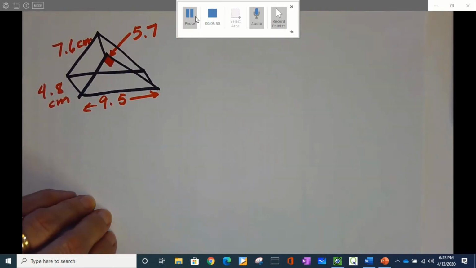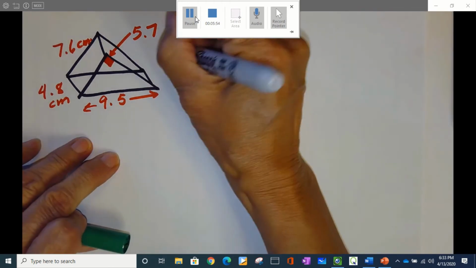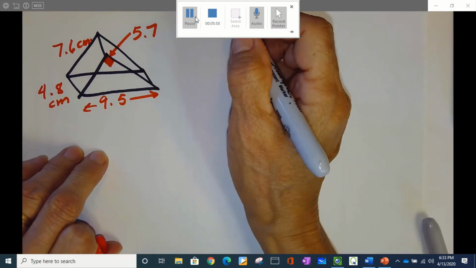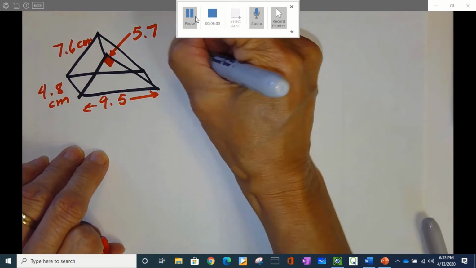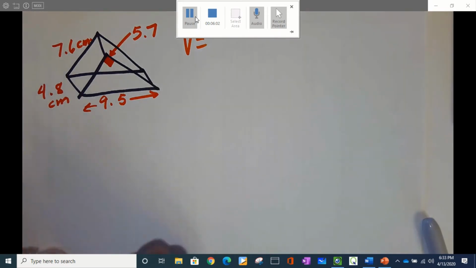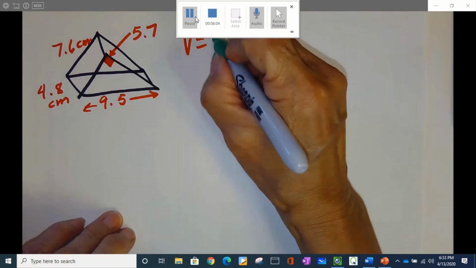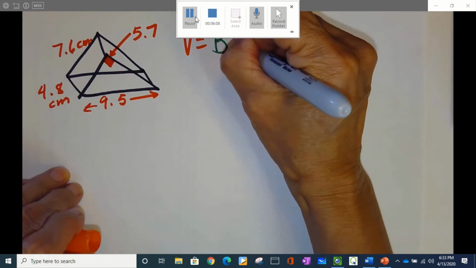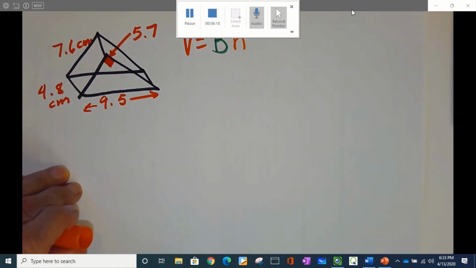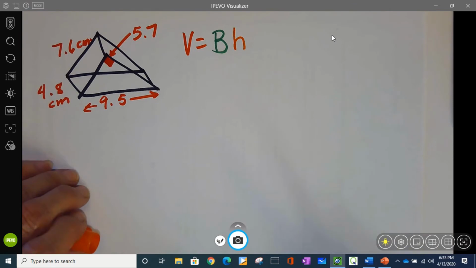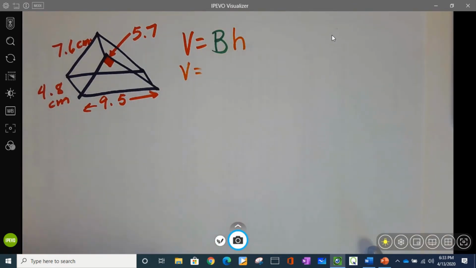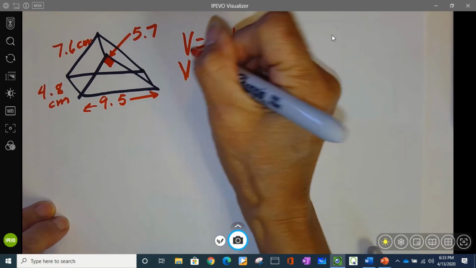All right, so we have volume equals BH. Okay, and so let's go ahead and put volume equals, oops, what did we say our base was?